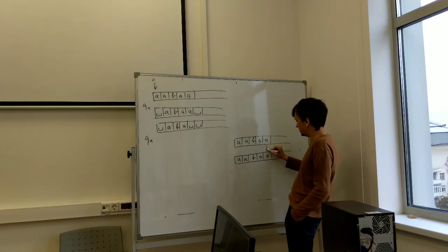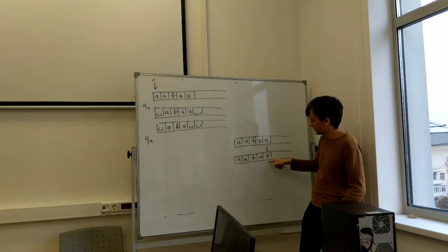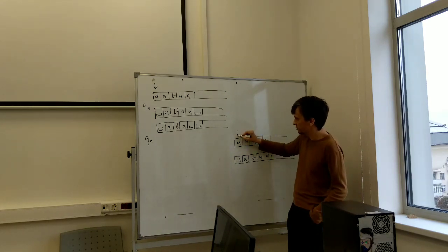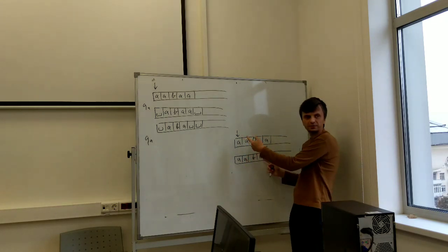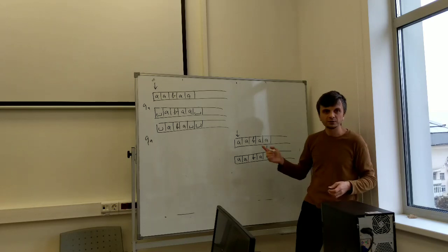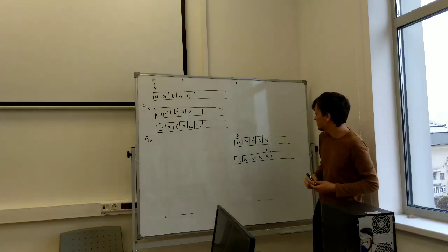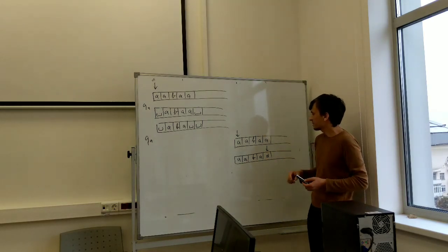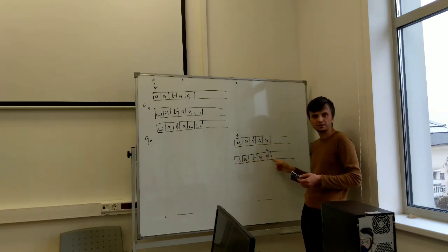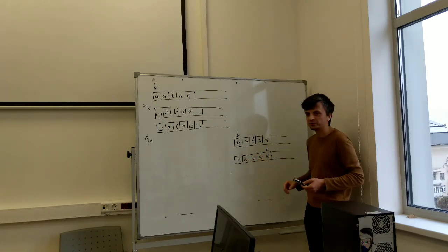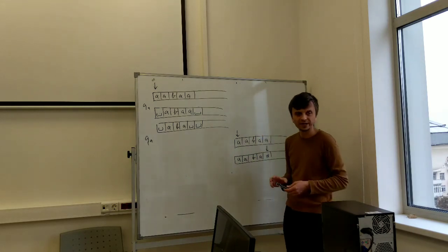And then here you look at this symbol, here you look at this symbol, and then you move like this. And the symbols must match. So you can do it in linear time. Or another option, you can copy this word backwards to this tape and then match them again.